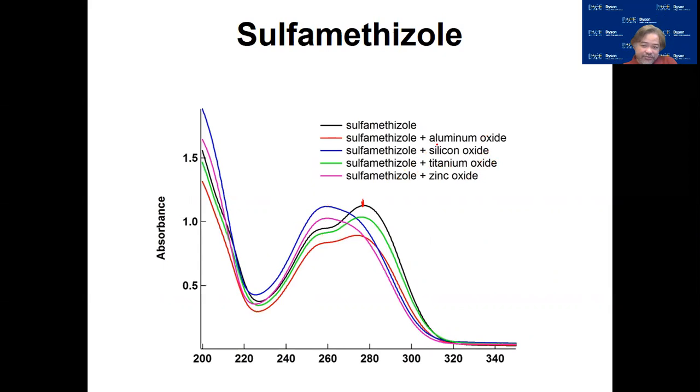But if you add it with aluminum oxide and zinc oxide, the profile changes. When I say the profile change, look at the peak that is happening here. It's quite different compared to the sulfamethizole solution and the one that is added with titanium oxide and aluminum oxide.